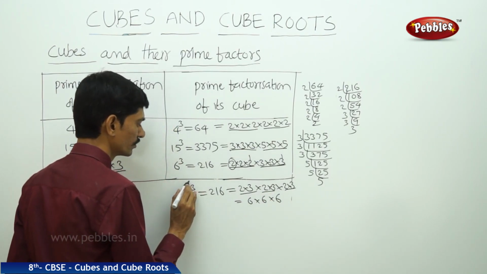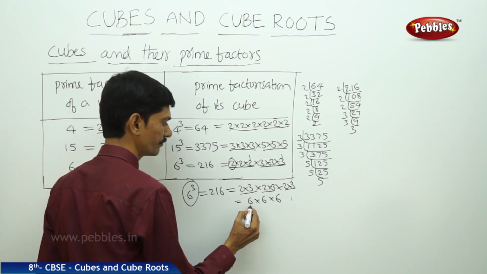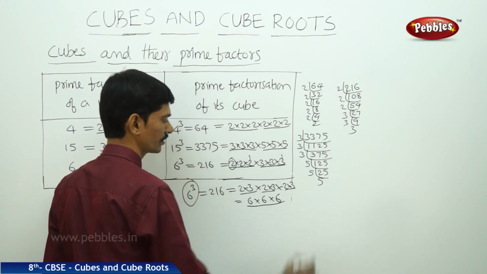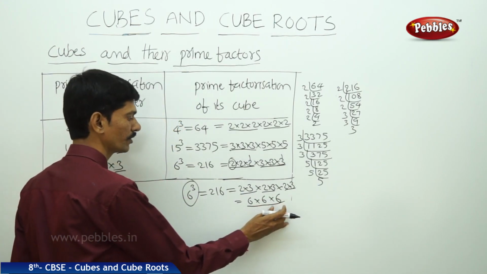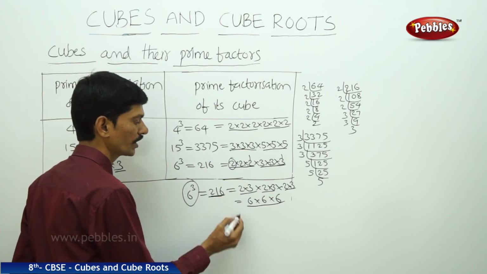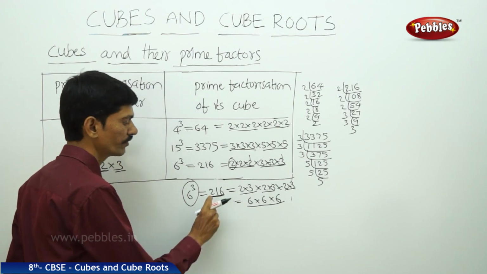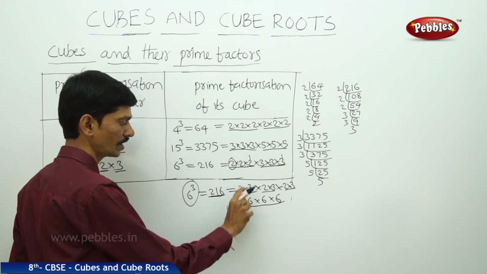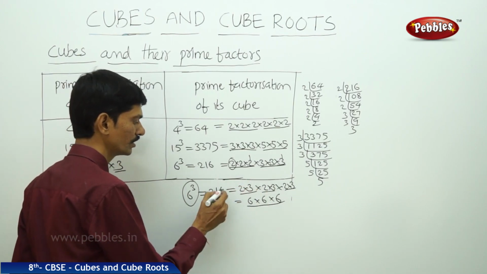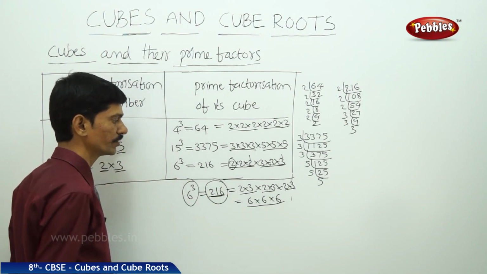So 6 cube can be expressed as the product of 3 equal factors, 3 equal natural numbers. So 216 can be expressed as the product of 3 equal natural numbers. When the given number can be expressed as the product of 3 equal factors, then it is called a perfect cube. So here 216 is a perfect cube.